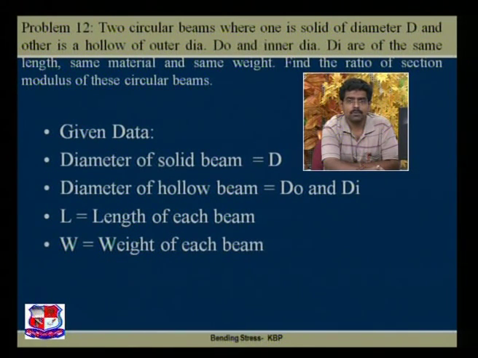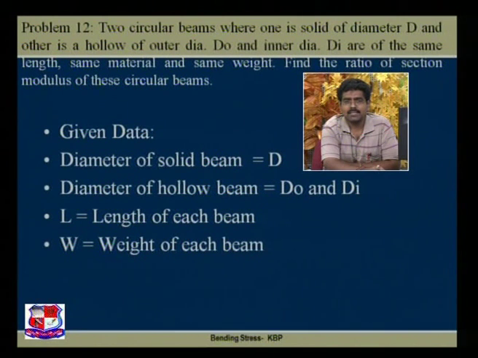Interesting observation. Find the ratio of section modulus of these circular beams. Let us understand the data first, what is given to us, and then let us understand what we have to find out.